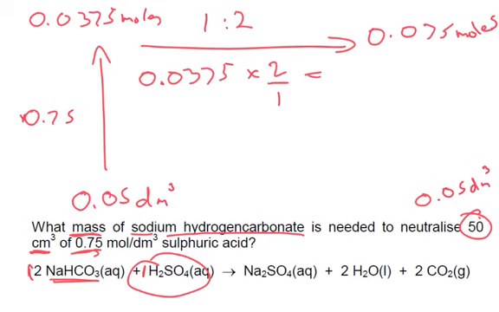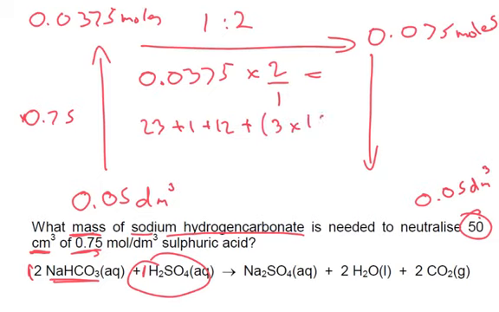Now lastly, we want to work out what's the mass, so we just need to have a look at the molar mass. So sodium is 23, hydrogen is 1, carbon is 12, and oxygen, we've got 3 of them, so it's 3 times 16.